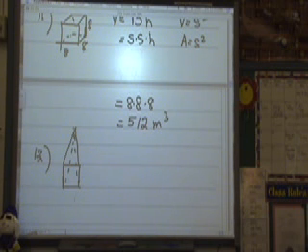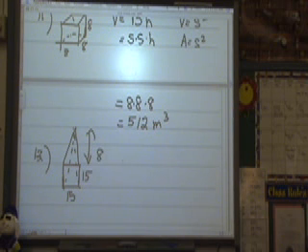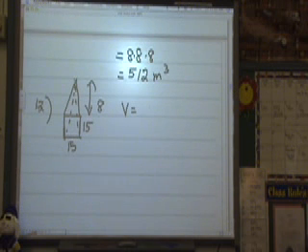And then the edges, you said it was a square, right, Julie? Yep. So the length and the width are identical, so we put 15, 15. And how tall is it? 8 feet. What formula do we use? V equals 1/3 BH.